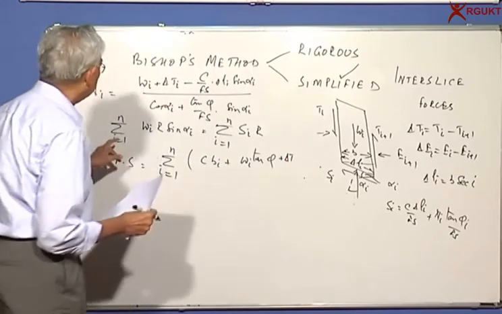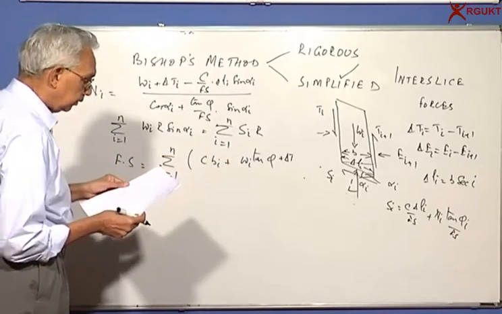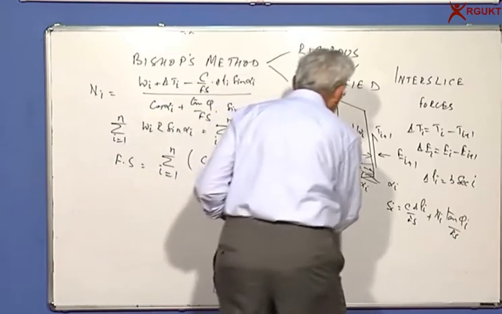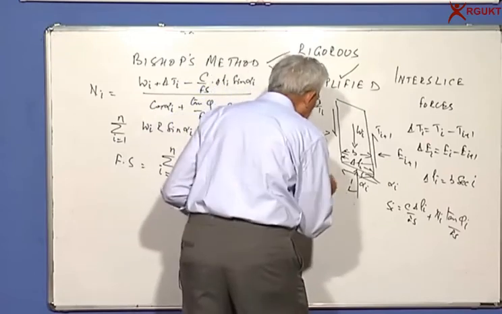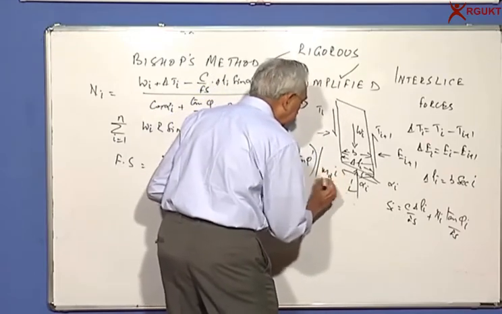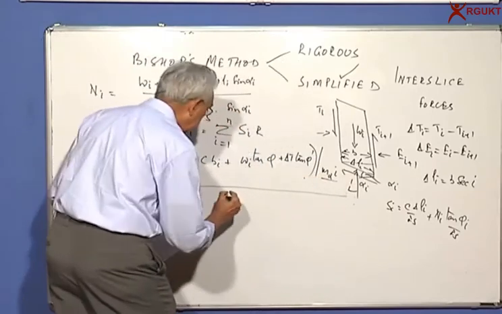Where did we get that? Ni tan phi, so delta T tan phi prime, and here is the additional term that we will get, divided by m alpha i. This is a new term that you get when I substitute and simplify.